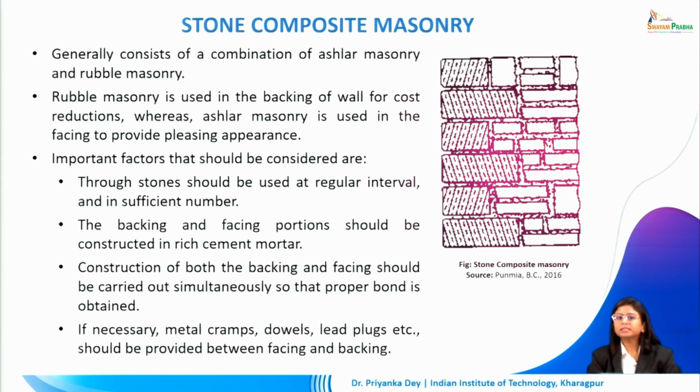The important factors that we should consider is that through stones, this is very important, through stones should be used at regular intervals and in sufficient manner. So what do we mean by through stones?